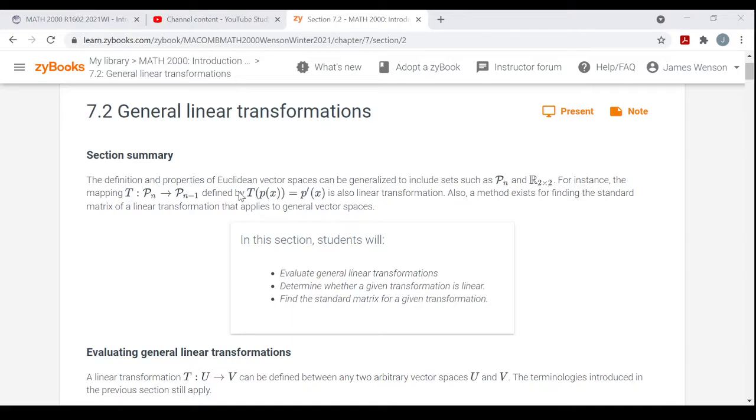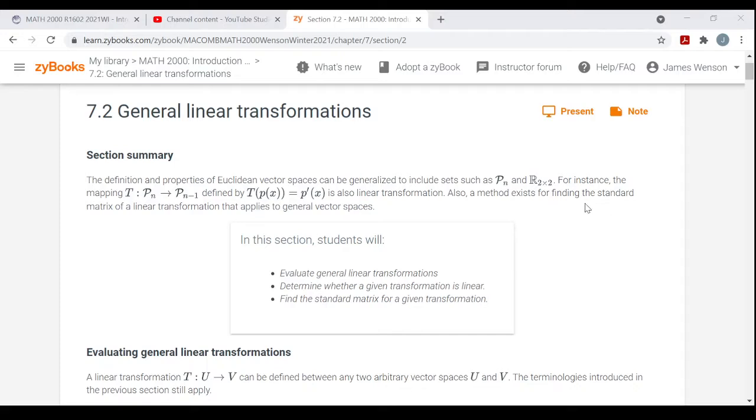So for instance, the mapping T from Pn to Pn minus 1 defined by T of some polynomial of degree n or less equals its derivative, right? This would be a polynomial of degree n minus 1 or less, is also a linear transformation. It would satisfy that additivity property and homogeneity property, and we're going to see stuff like that later.